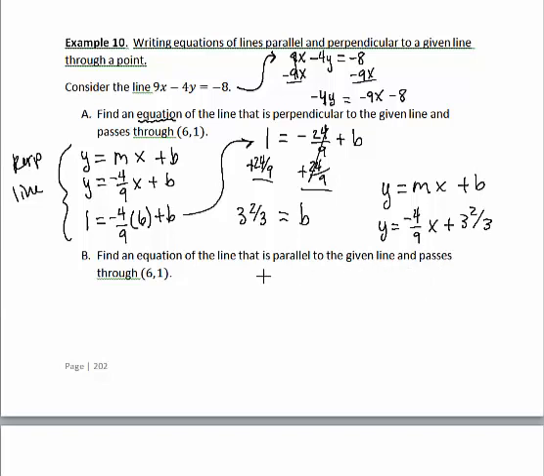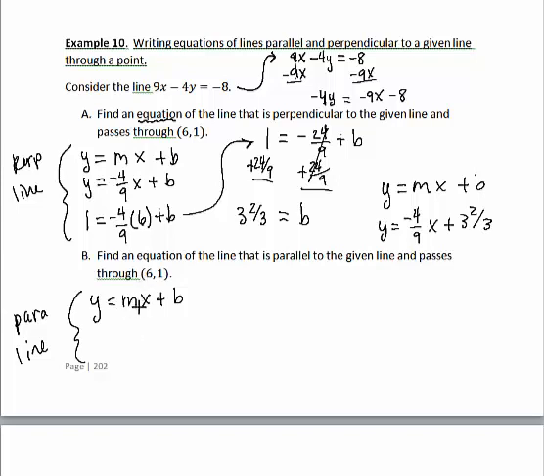Okay, so the second part, new conditions. We want the line that's parallel and then passes through the point (6, 1). Here is our template for our parallel line. And we start the same way we do with any problem where we want to figure out the equation of a line.